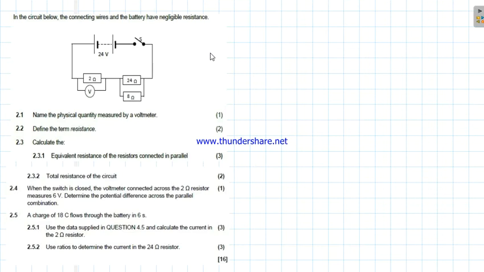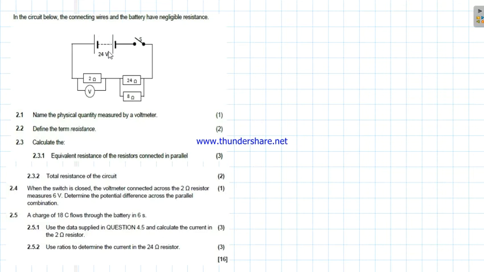I will try and illustrate how these answers on the topic on electric circles can be tackled. Right, so we have an electric circuit here. It says in the circuit below, the connecting wires and the battery have negligible resistance.